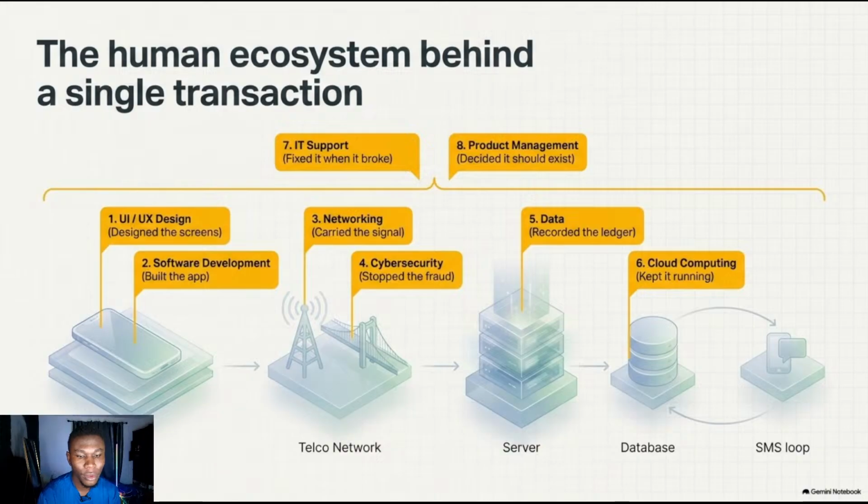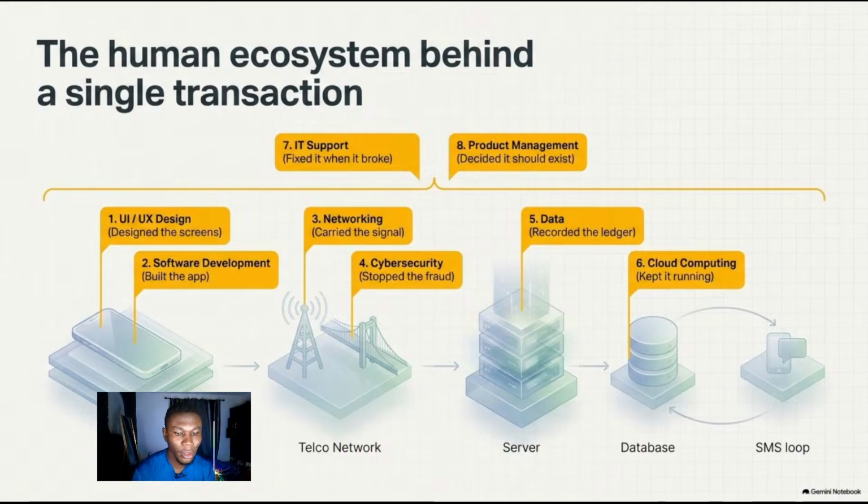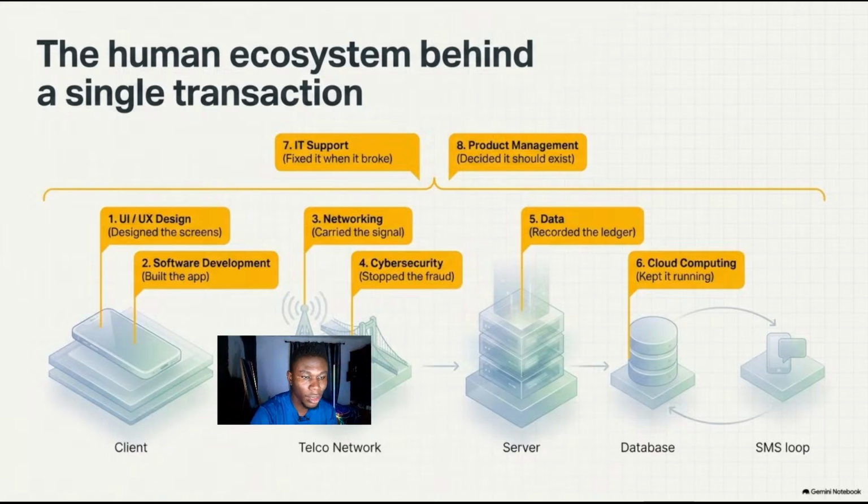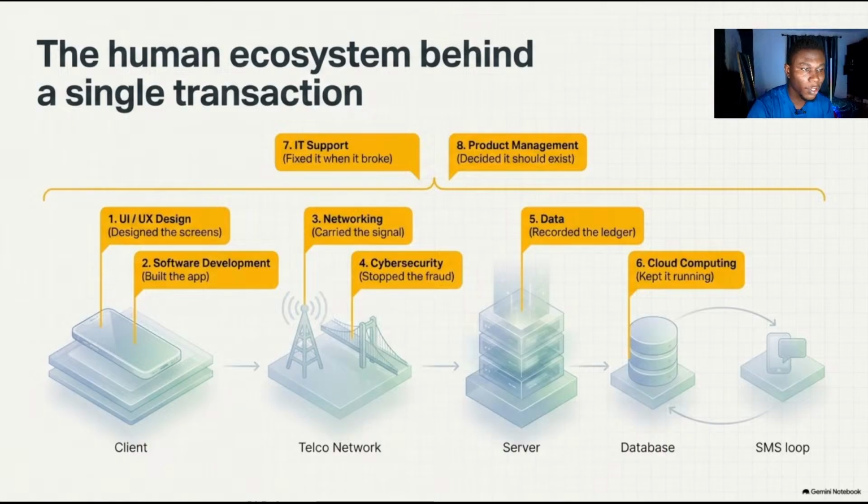So this is just a practical example of this: the human ecosystem behind a single transaction. When you open the mobile money app, the design is by the UI UX designers. Then the people who built the app are the software developers.